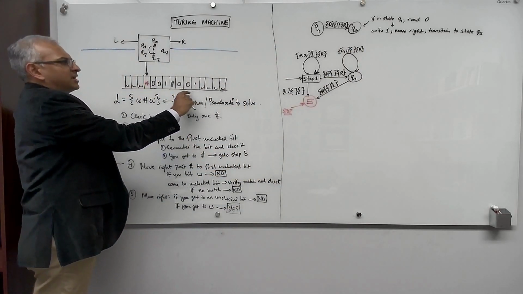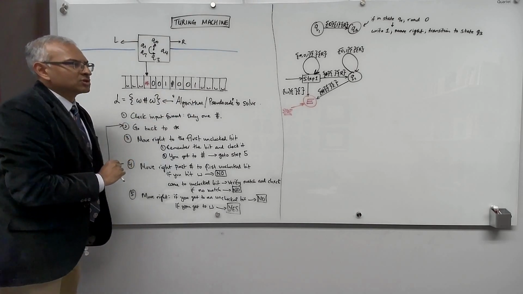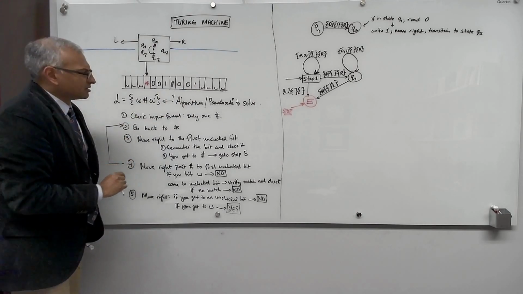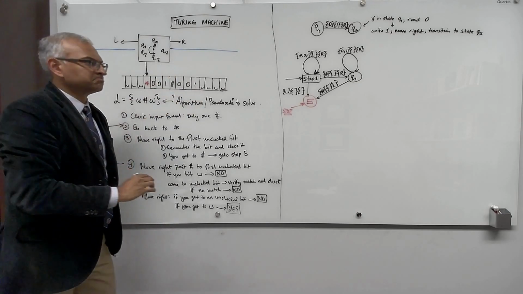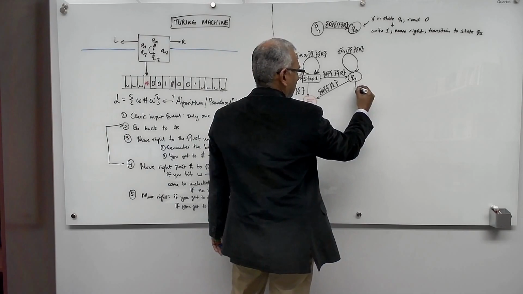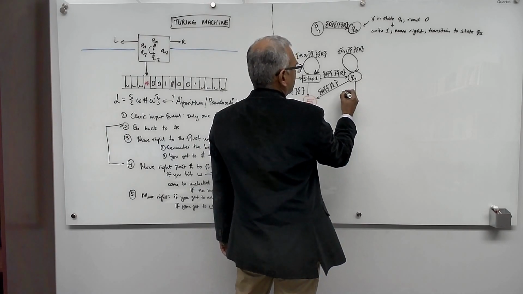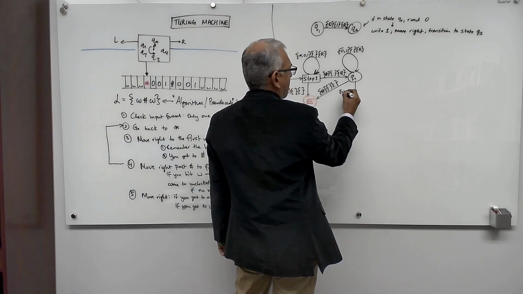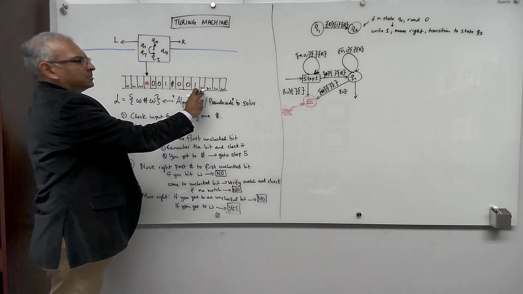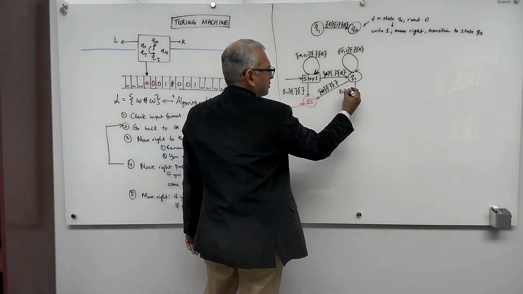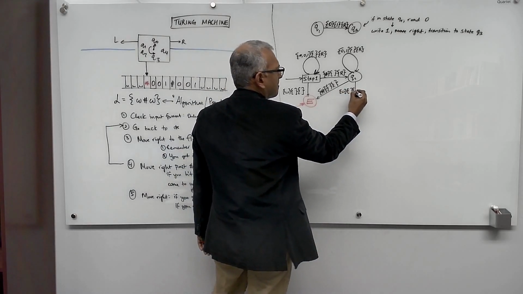You keep moving right. And at some point you come to a blank. When you come to a blank, that means that you've hit the end of the input string and you only saw 1 pound. So if you come to the blank, you don't write anything. You don't even need to move anymore.